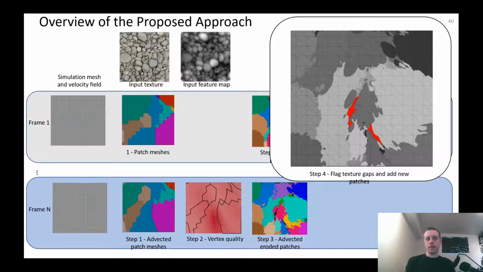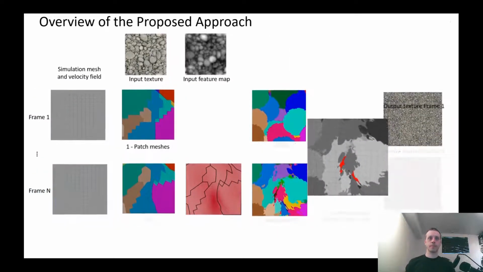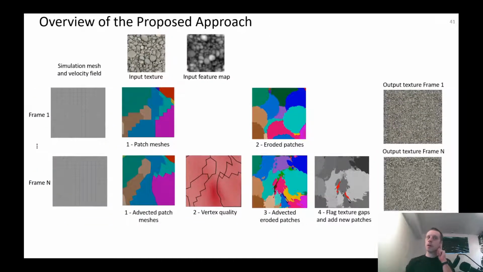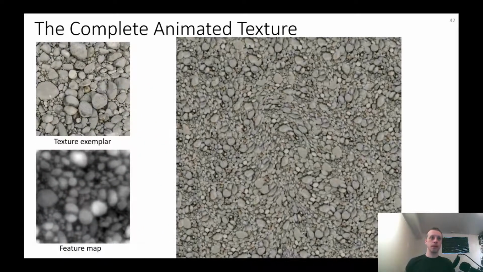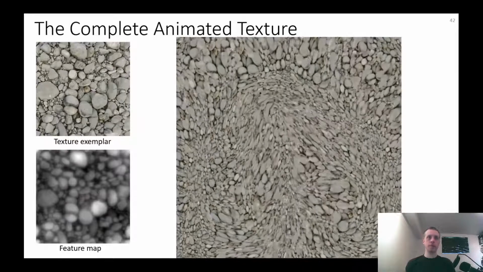The patch is added beneath existing ones. This way, we avoid having popping artifacts in the animation. Finally, we can compute the resulting output texture. Here is the result of this example.